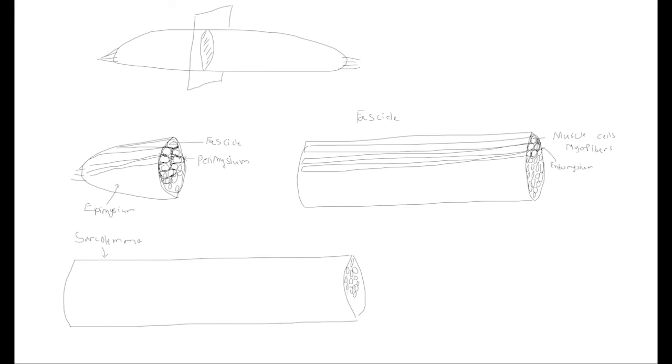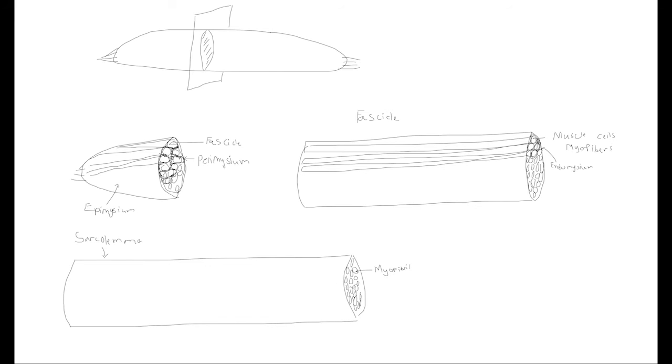Again, this is not how many exactly. I'm just drawing them to show you where they are. So these are a bunch of myofibrils, not to be confused with the myofiber. I know they all sound pretty similar, so it's important to be able to distinguish between them, despite them sounding so similar.